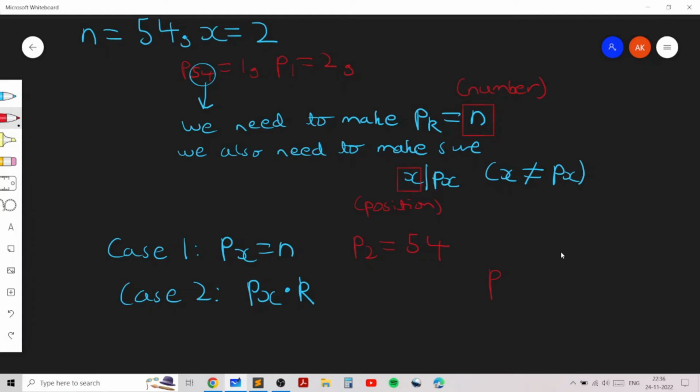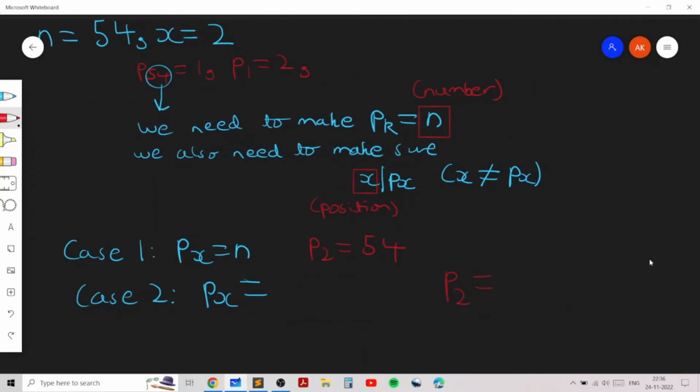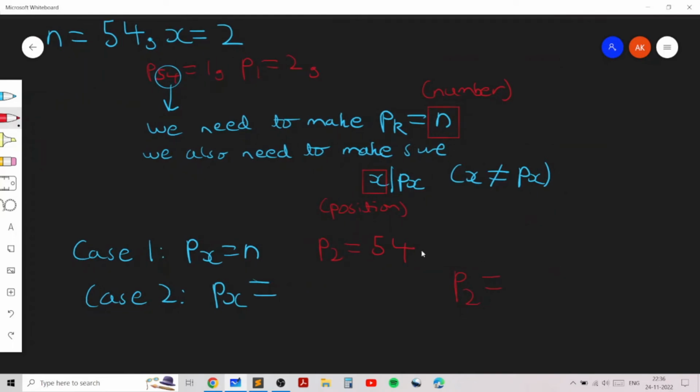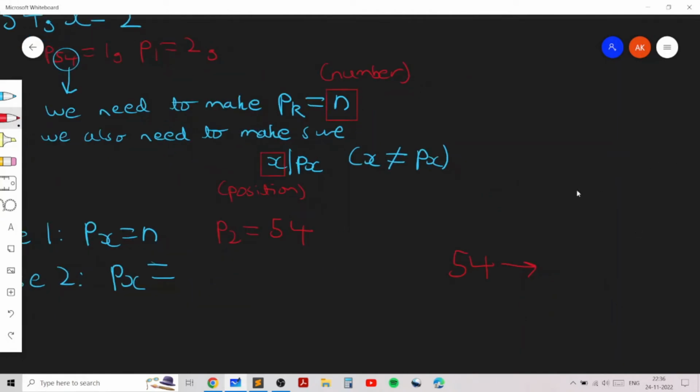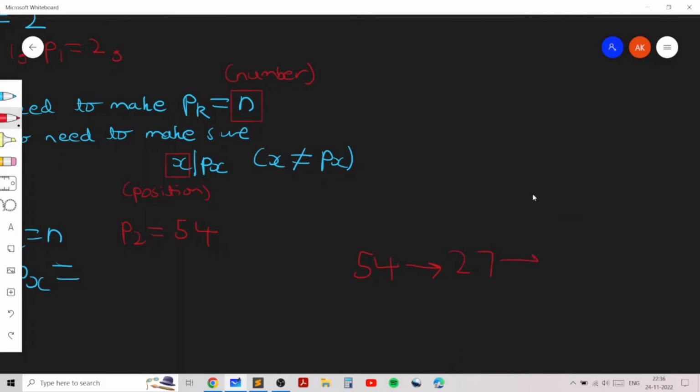So if you consider the prime factorization of 54, you will notice that 54 is 2 times 3 cubed, and if you go backwards from 54, the factors are going to be 27, 9, 3, and 1.